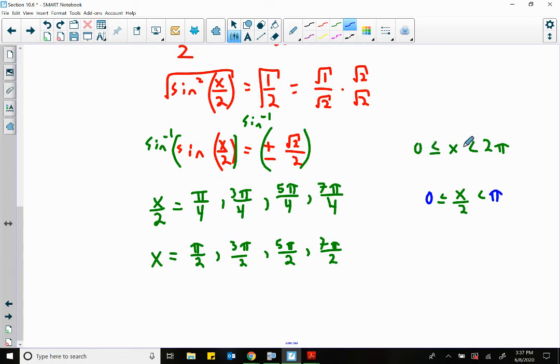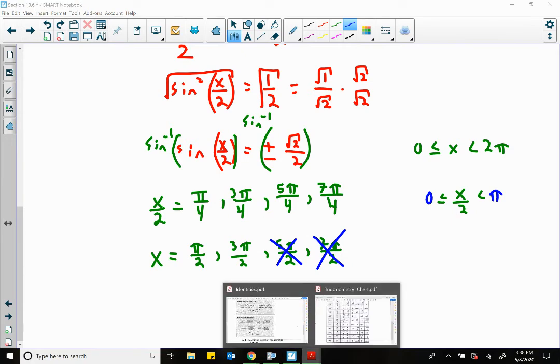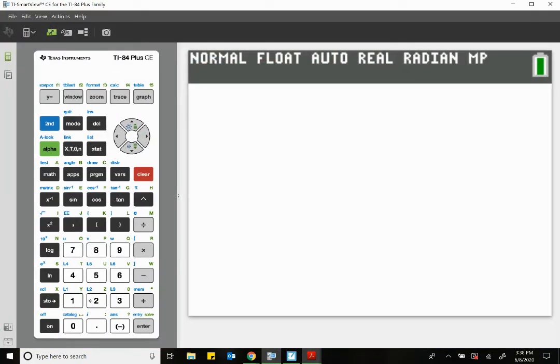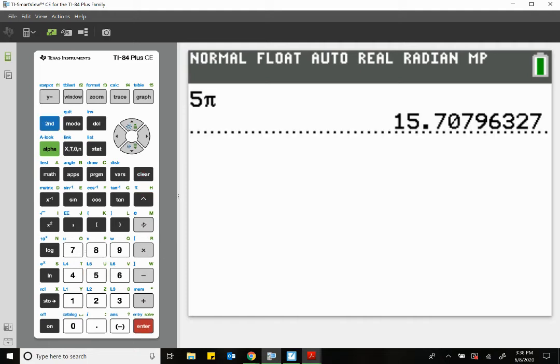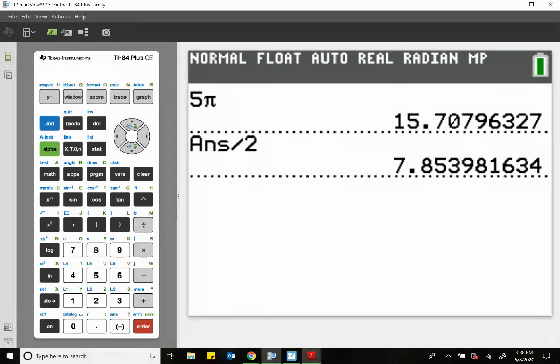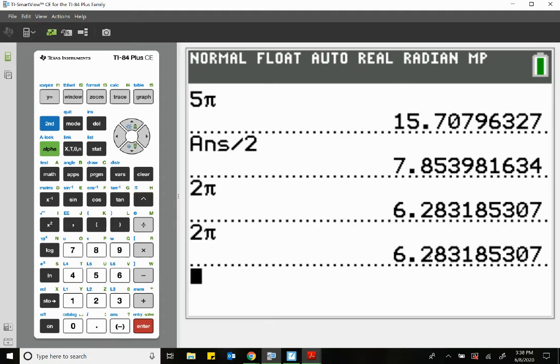So you could have canceled them one of two ways. Our final answer for x has to be between 0 and 2 pi, right? Well, some of these answers are not between 0 and 2 pi. For instance, 5 pi over 2 and 7 pi over 2. Those are above 2 pi. Because if you look at it in the calculator, 5 pi divided by 2 is 7.85. 2 pi is 6.28.